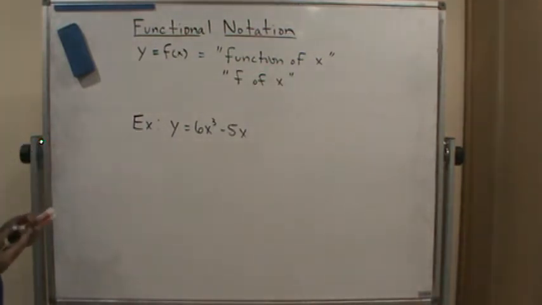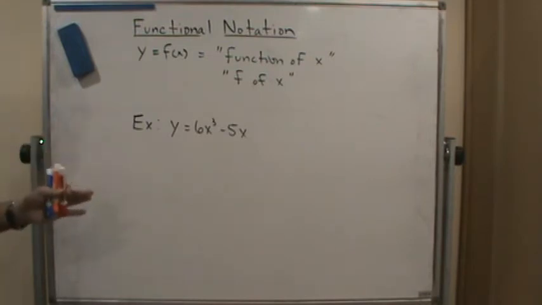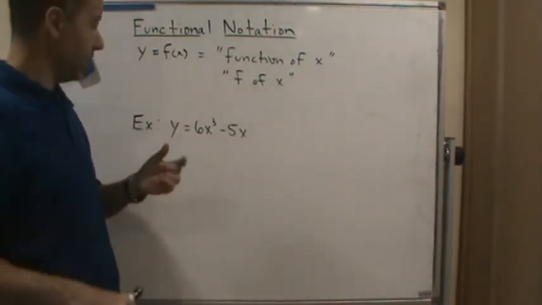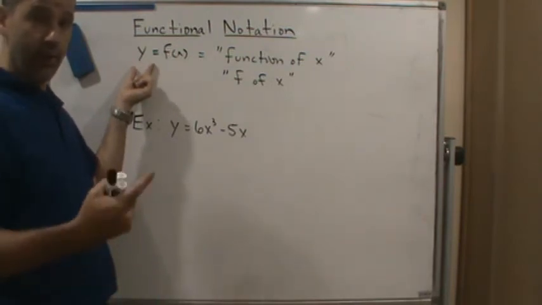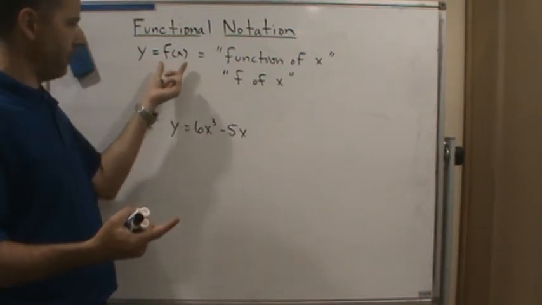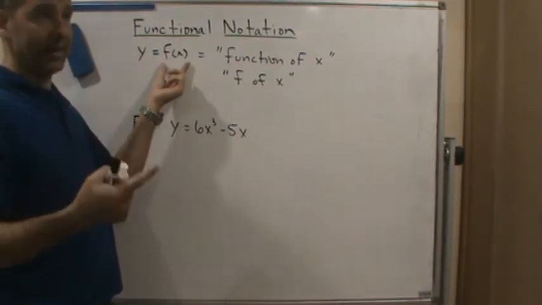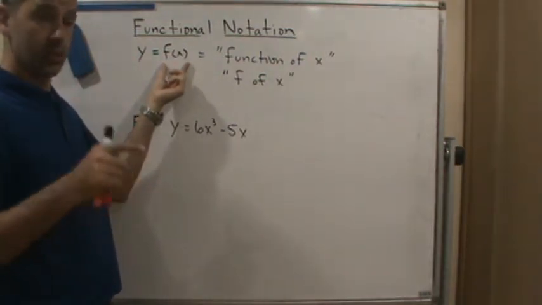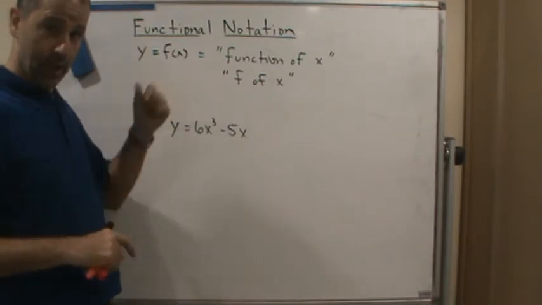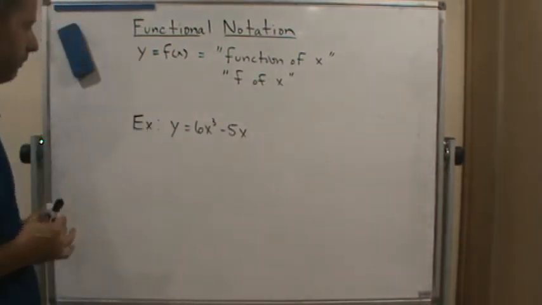So when we write a function, and we know that it's a function, we can replace y with f of x. Now, y and f of x represent the same function. It's just that y shows you the relationship between the values x and y, whereas f of x puts the spotlight on the functional characteristic of it, that it's a function.